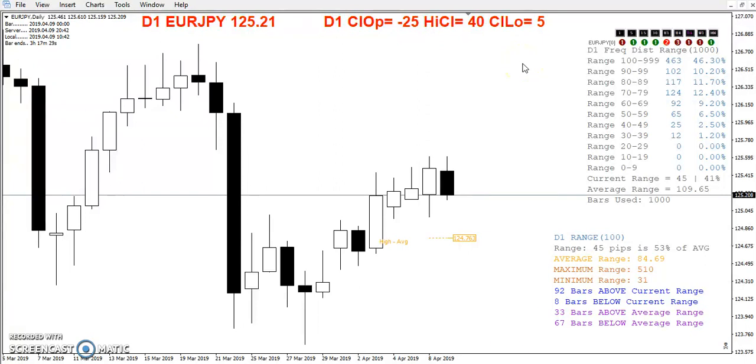Once again, looking at the range here, we've got a good chance that this range should get bigger than 50. Good chance based on statistics. If not, this would pretty much be an anomaly. And you can see here there was an inside bar right there.